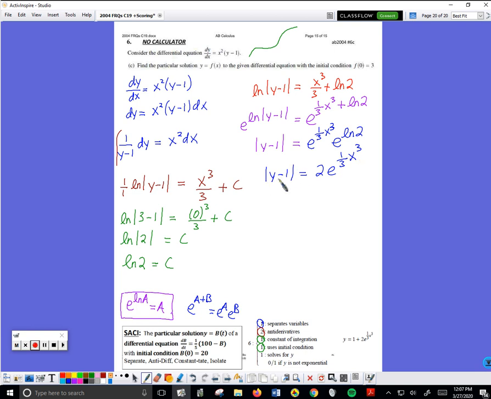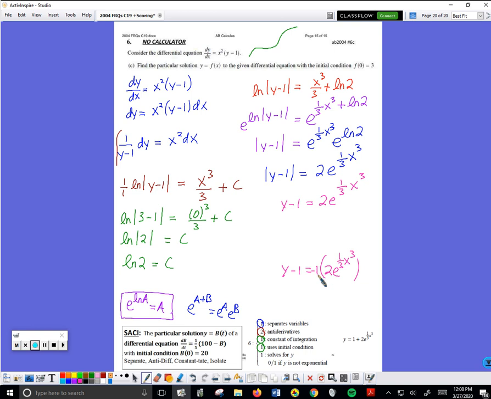To get rid of the absolute value bars, you consider two possible solutions. It is possible that y subtract 1 might equal this as is. It is also possible that y subtract 1 could equal all of this on the right multiplied by a -1. Let's rewrite that, it's a little easier to see. Having trouble with the board, sorry.